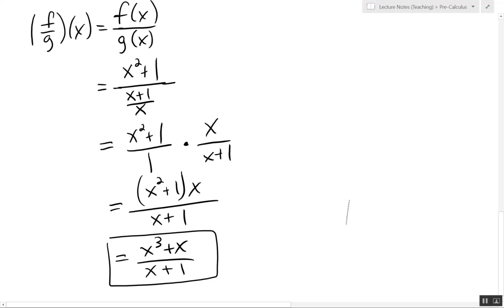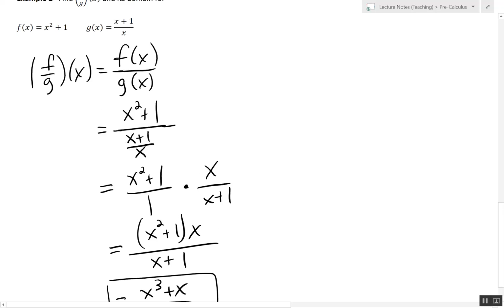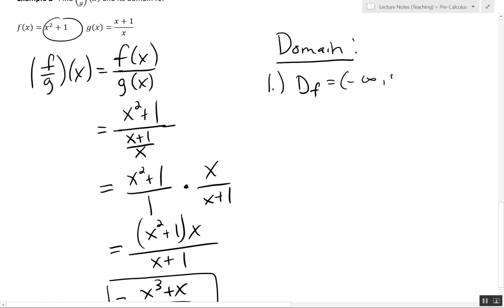So we want to find the domain next. And this is where you have to be careful a little bit. So the first three steps are the same. The domain of f. Well, the domain of a polynomial is always the real line, so that's just negative infinity to infinity.